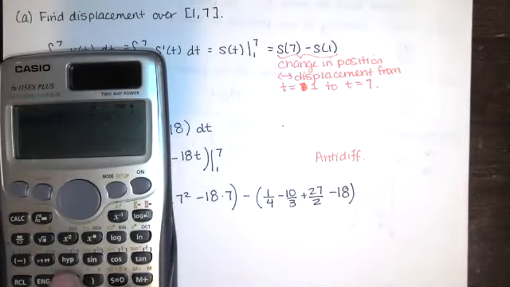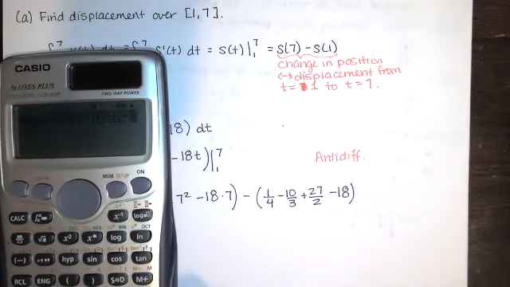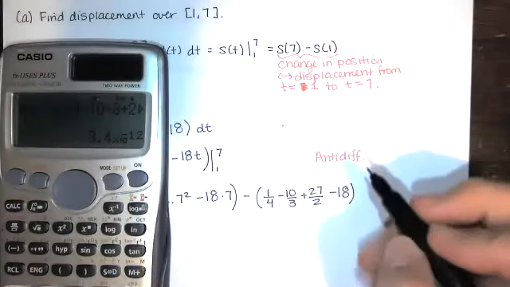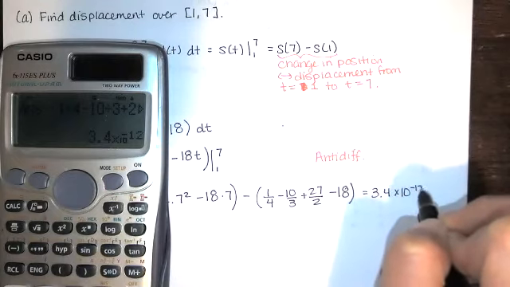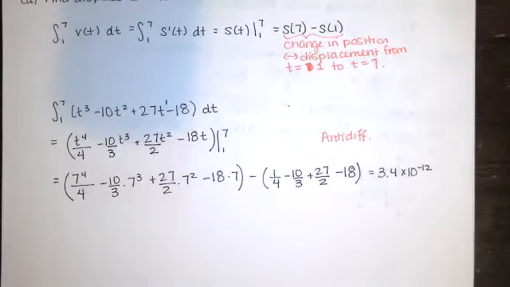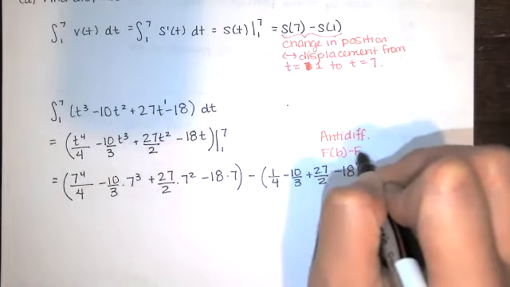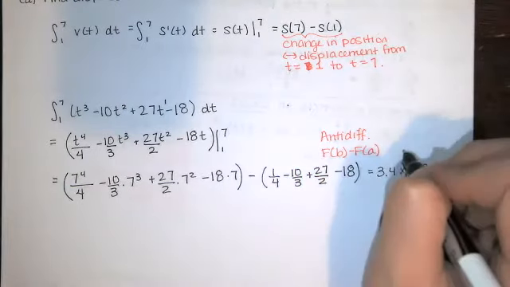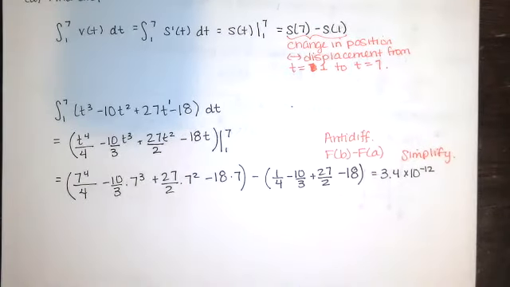And then we're subtracting all of this, subtracting 1/4 minus 10/3 plus 27 over 2 minus 18, close parentheses. Yep, got the same thing. So it's 3.4 times 10 to the negative 12, pretty tiny. Okay, so tiny, tiny displacement. That's f of b minus f of a, and then we subtracted and we simplified. And we got this tiny thing.